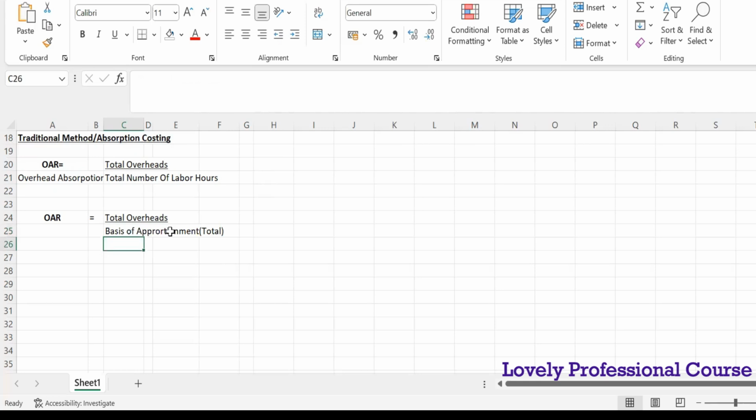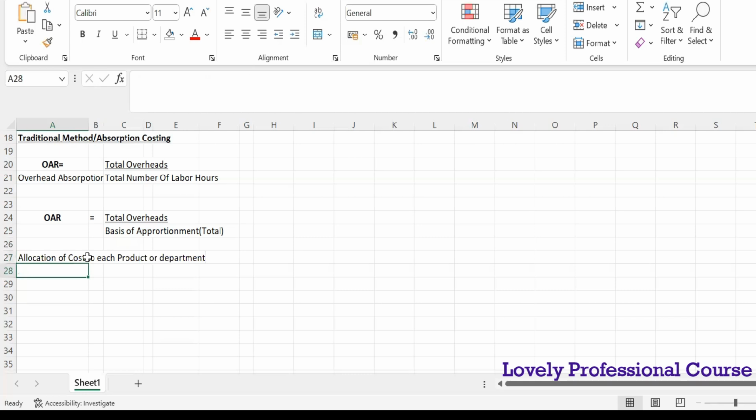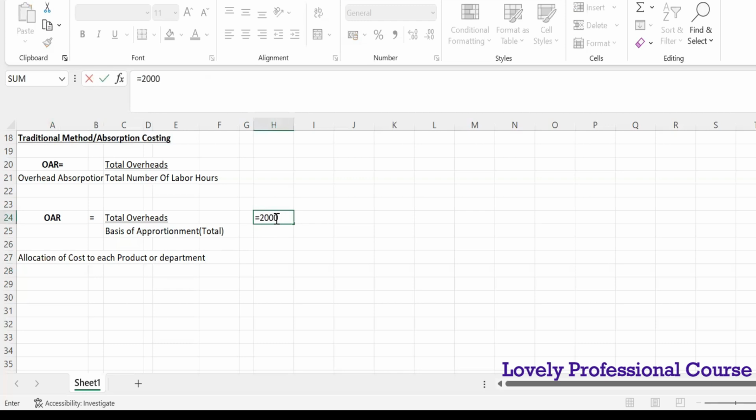Now let's do a question. After finding this overhead absorption rate, you also do the allocation of costs using this overhead absorption rate, to allocate each cost to each product or department, which is also our respective cost center, A, B, C. Let's say we had total overheads of 20,000, this was our total expenditure.